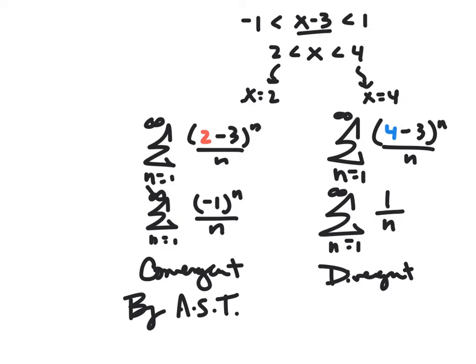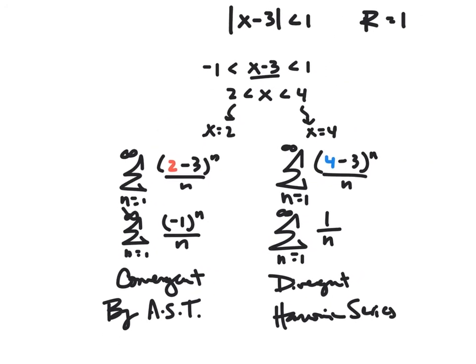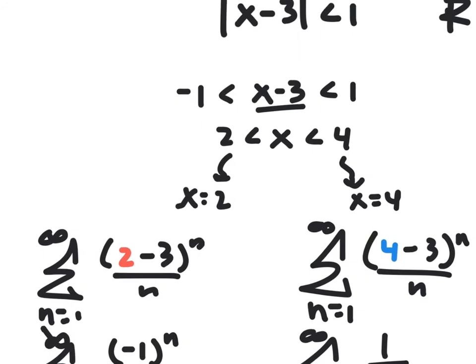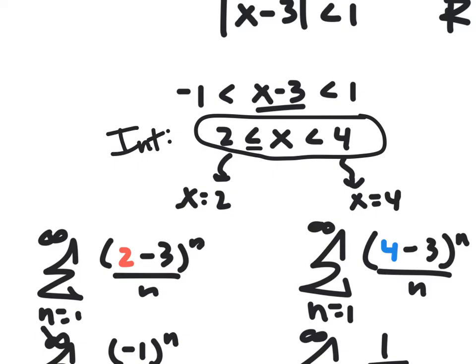You could show that by using the integral test or whatever, but I know it's the harmonic series, so I know it's divergent. Therefore, if it's convergent at 2 but not convergent at 4, my interval of convergence would be from 2 to 4, including 2 and not 4.